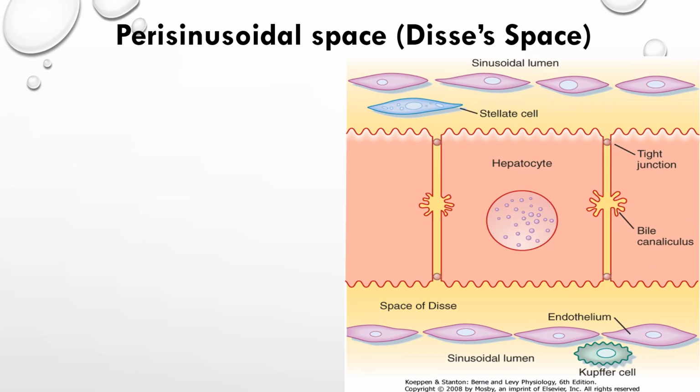Perisinusoidal space, or the space of Disse. It is between the endothelium of the sinusoid and the hepatocyte. So this is the space of Disse.